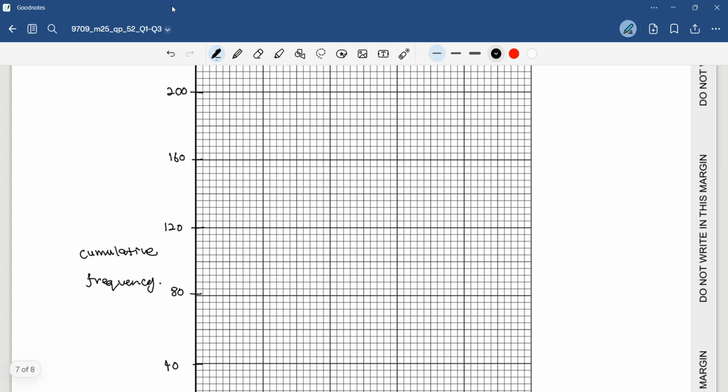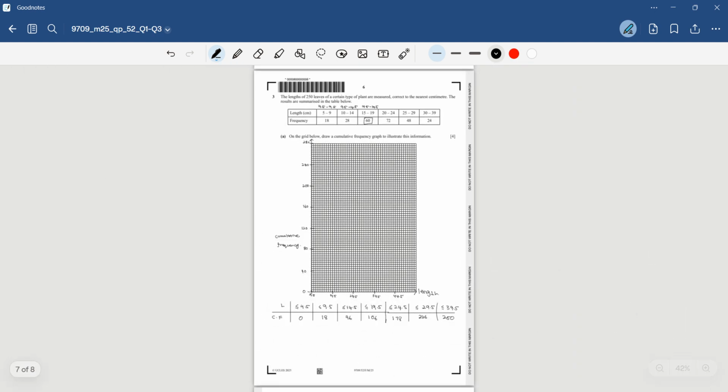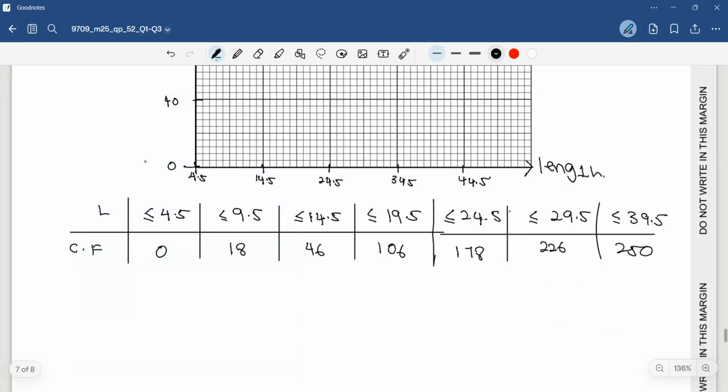Okay, so make sure you label your axis. It's very important. So first one is 0, 0. So here is the first one. And then for the second one, 9.5 will be here, the midpoint. So 9.5 will be 0.45, somewhere here.